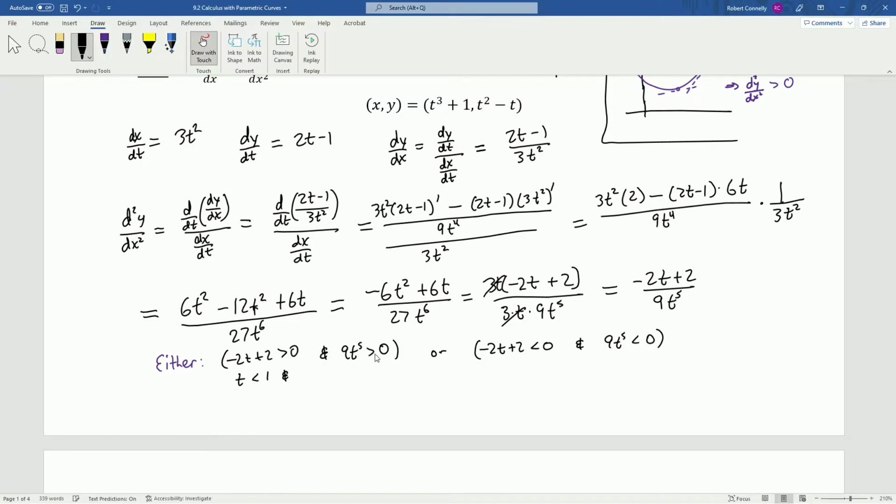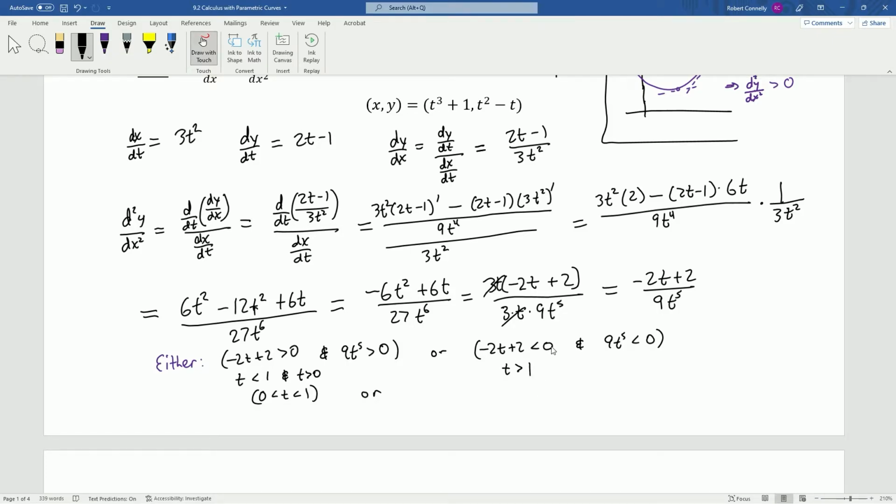And t would be greater than 0. So for both of these things to be true, t just has to be strictly in the interval from 0 to 1. So that's one possibility. Or, in this case, t would have to be greater than 1, right?